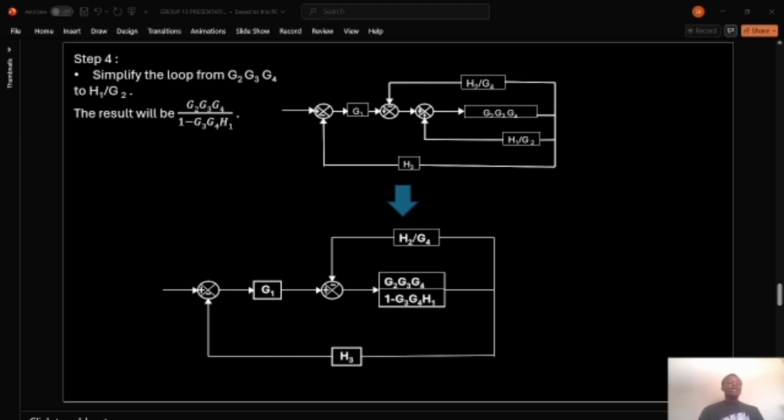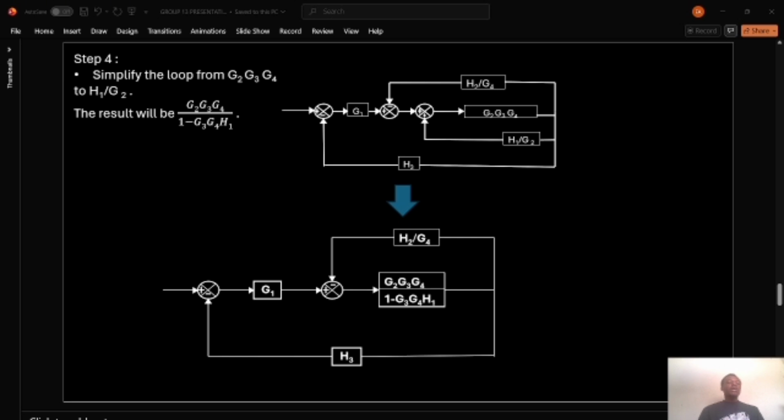Now, whenever we have a single closed loop, we apply the standard feedback formula, which is G over 1 plus or minus GH, where G is the forward path gain and H is the feedback gain. In our case, the forward gain G will be G2G3G4, and the feedback gain H will be H1.